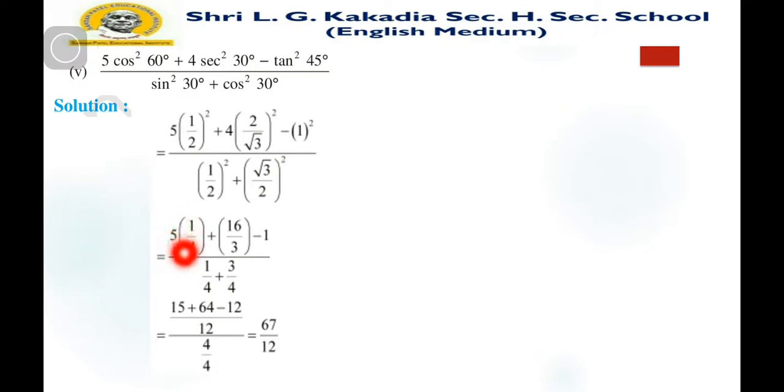So 5 into 1 over 4 plus 16 over 3 minus 1 over 1 over 4 plus 3 over 4, that is 15 plus 64 minus 12 upon 12 and 4 upon 4. So here it is equal to 67 upon 12.